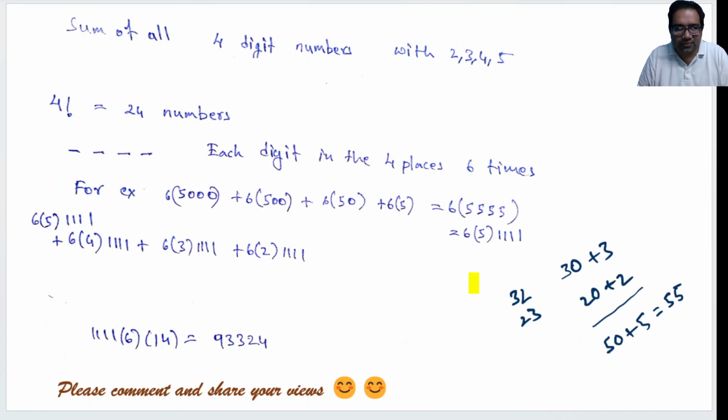We are just splitting the same number, like 32 into 30 plus 2, because it is easier for us to calculate, we get a format, and we can convert it into an equation to calculate these sums. Hope you understood this. Thank you.